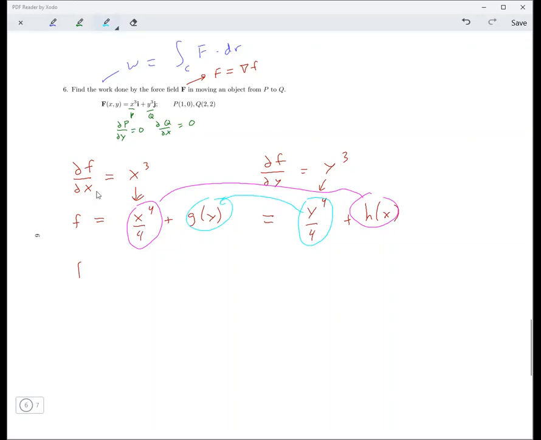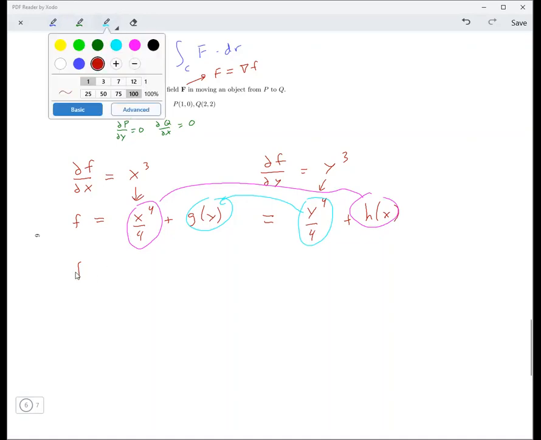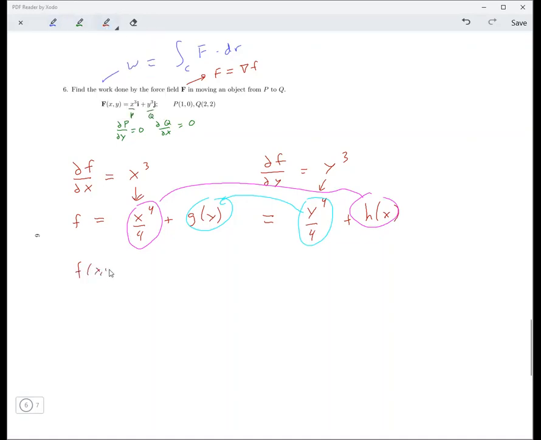So these two end up being able to be equal to each other: x to the 4th over 4 plus y to the 4th over 4. Now, you can double check it. If you take the partial of this with respect to x, that goes away, and this is x cubed. The partial of this with respect to y, this goes away, and this is y cubed. So these both work, and we get these answers here when I take the gradient.